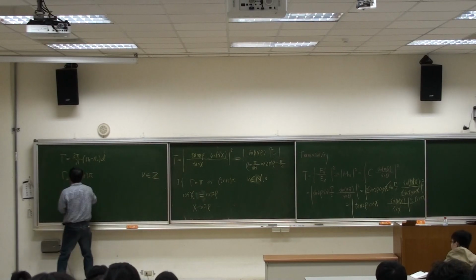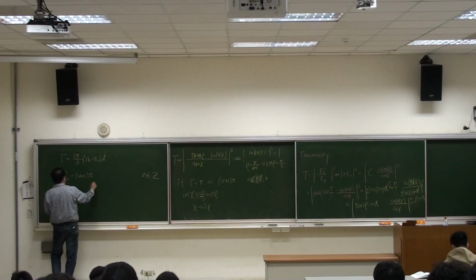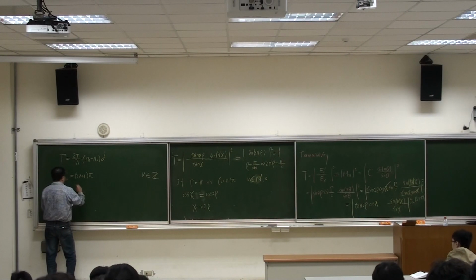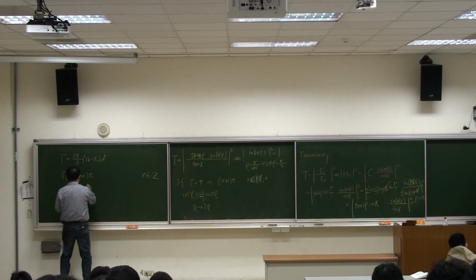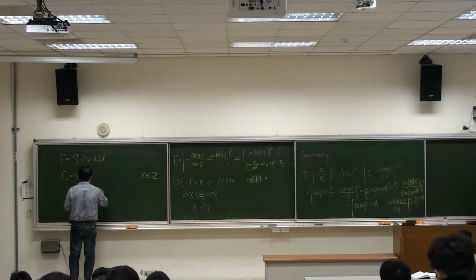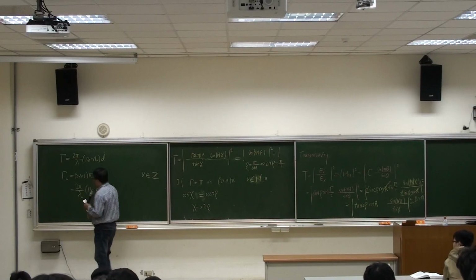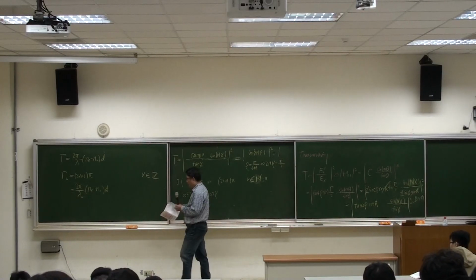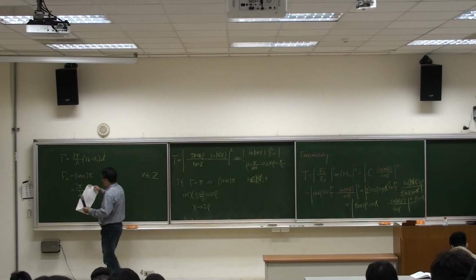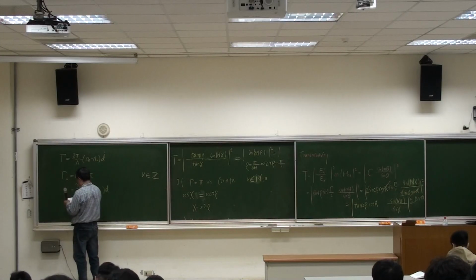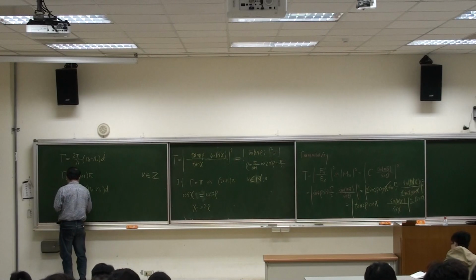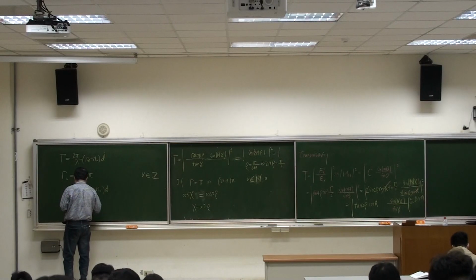Then the corresponding wavelength, we denote the corresponding wavelength as lambda nu. Okay. Then now we consider gamma to be gamma nu plus delta gamma.